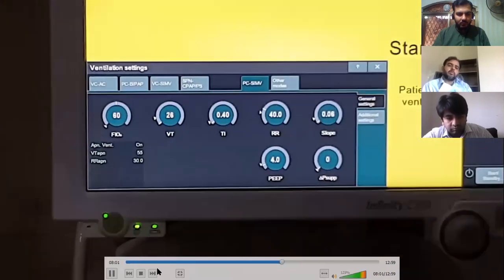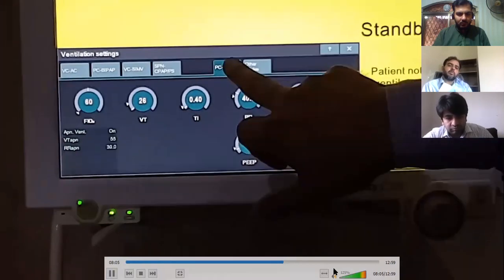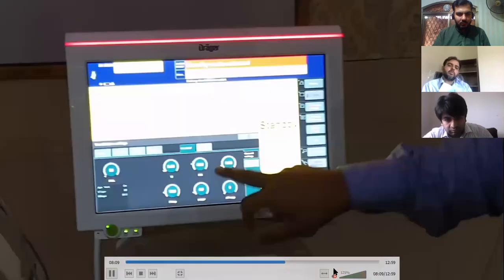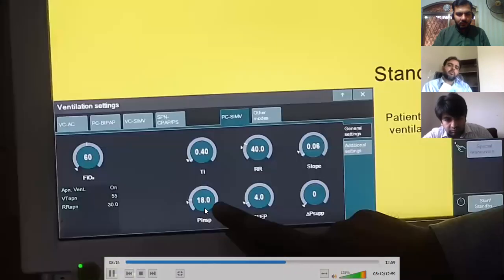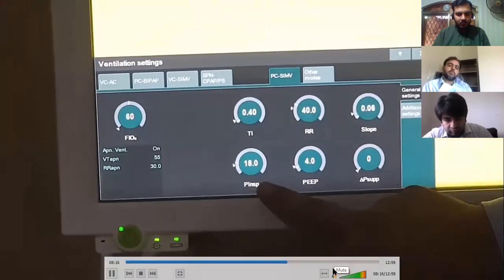The second option is peak inspiratory pressure.